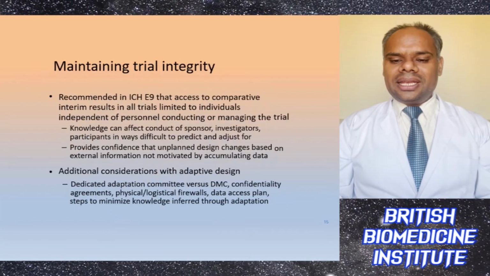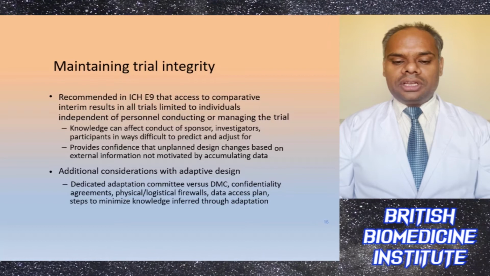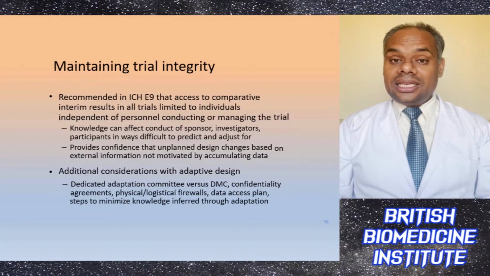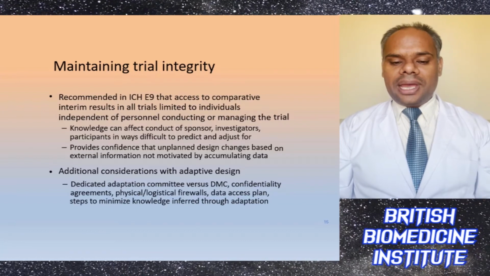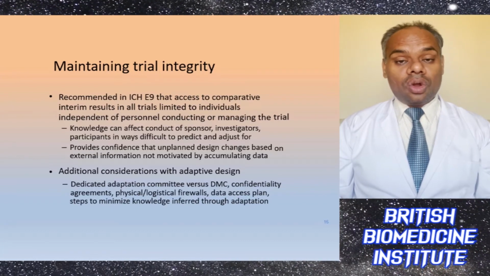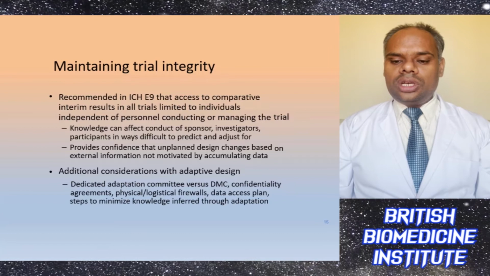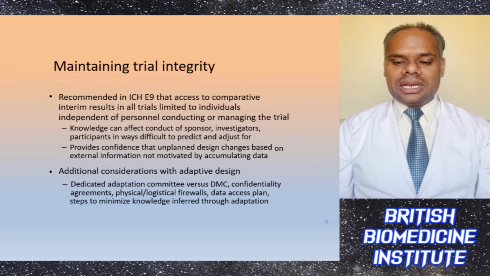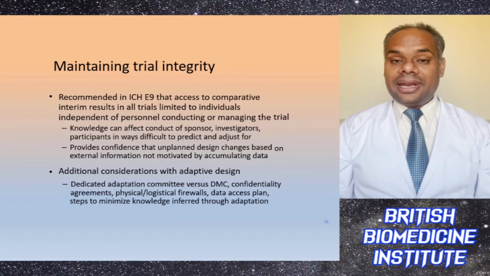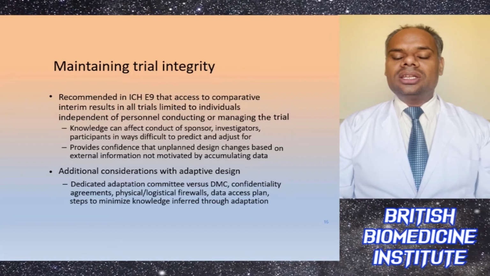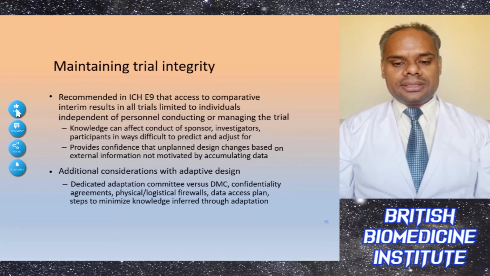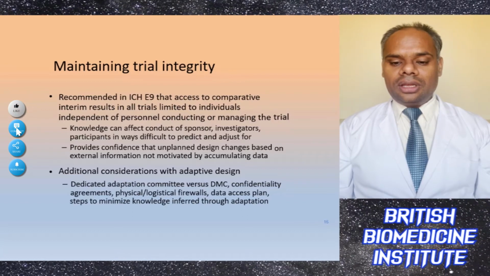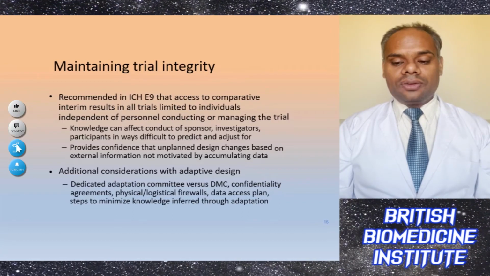So we can maintain trial integrity with the help of the recommended ICH E9 rule, which states that access to comparative interim results in any trial should be limited to individuals independent of those conducting or managing the clinical trial, because the knowledge can affect the conduct of sponsors, investigators and participants in a way that is difficult to predict and adjust for.